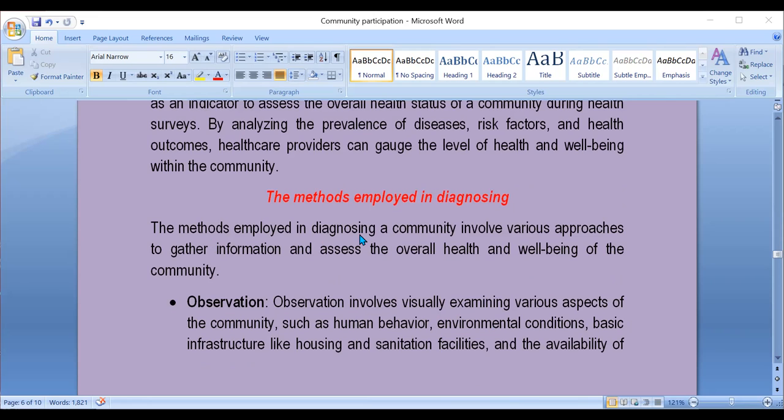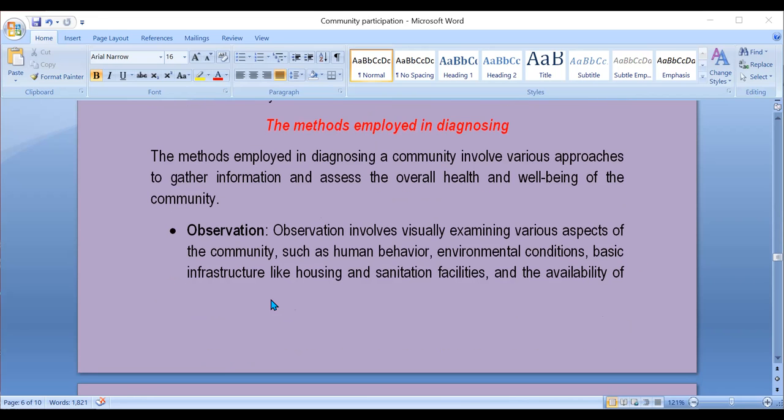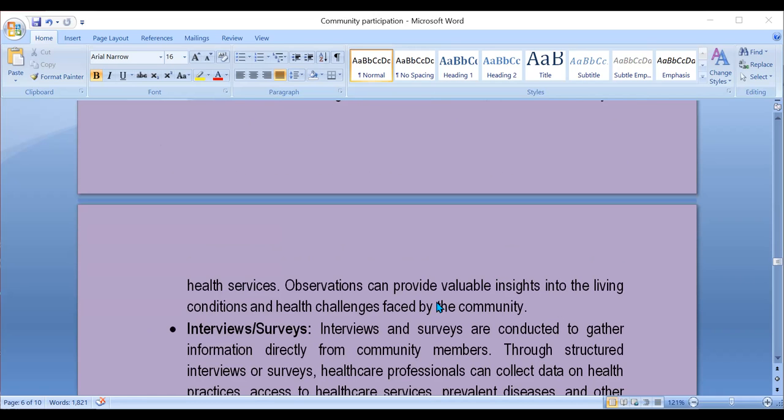The methods employed in diagnosing the community involve various approaches to gather information and assess the overall health and well-being of the community. One is observation. Observation involves visually examining various aspects of the community, such as human behavior, environmental conditions, basic infrastructure like housing, sanitation facilities, and the availability of health services.